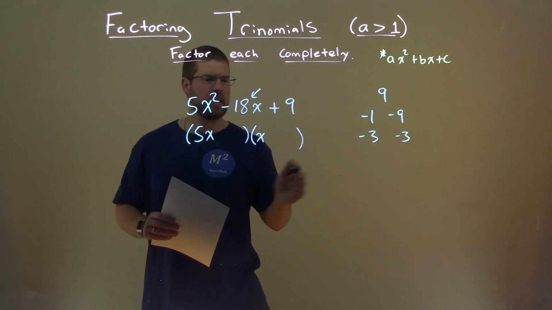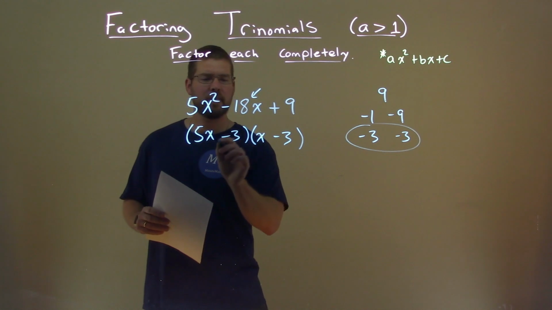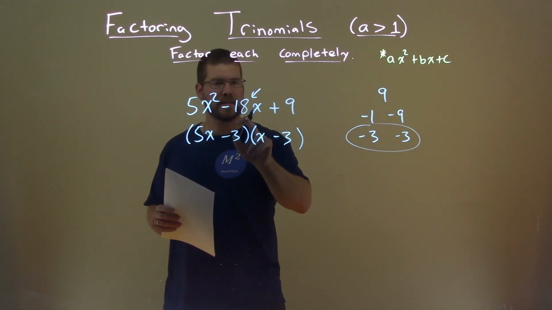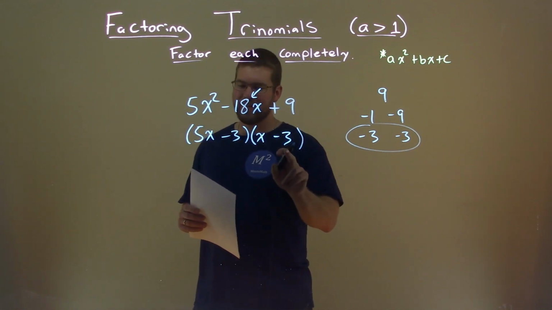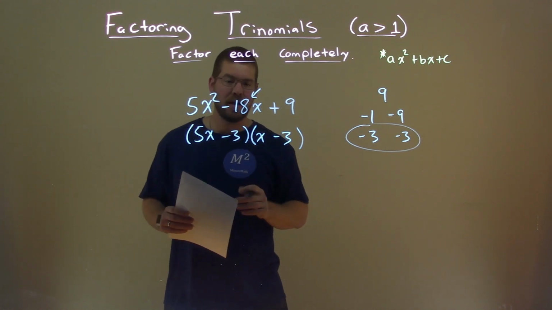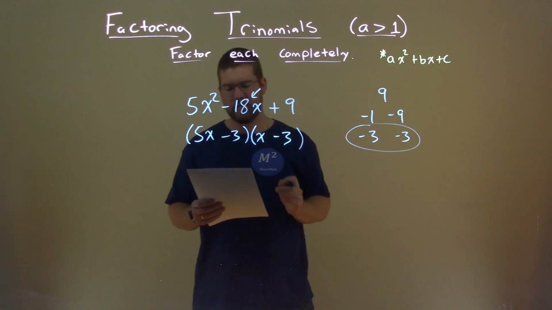Negative 18. So minus 3 here, and a minus 3, and we can see 5x times a negative 3 is negative 15, plus negative 3 times x, which is a negative 18. And there we have our final answer, 5x minus 3 times x minus 3.